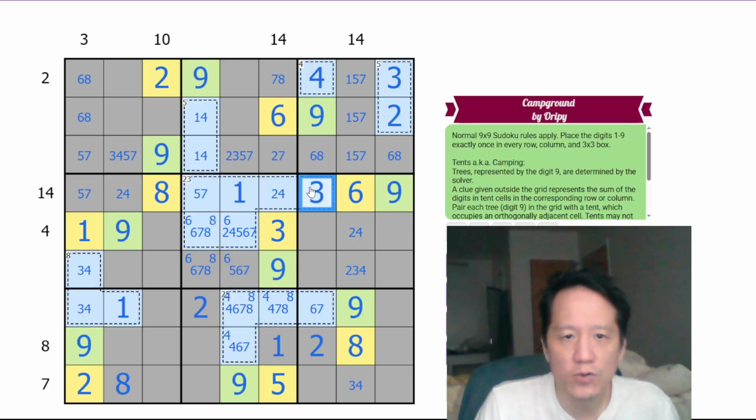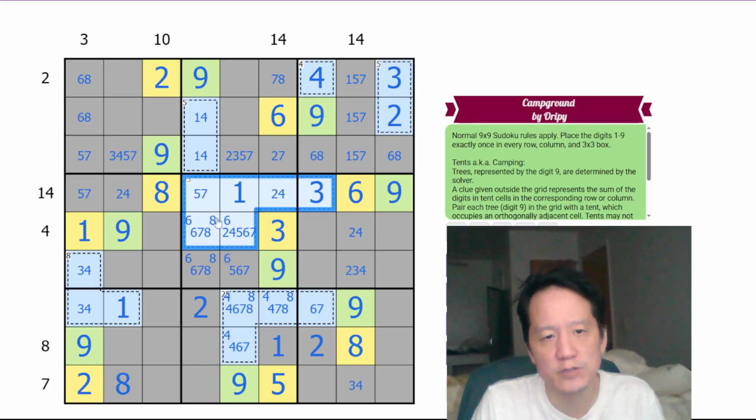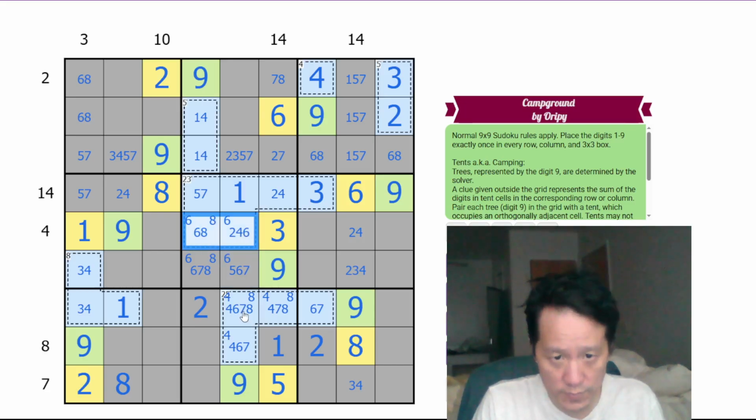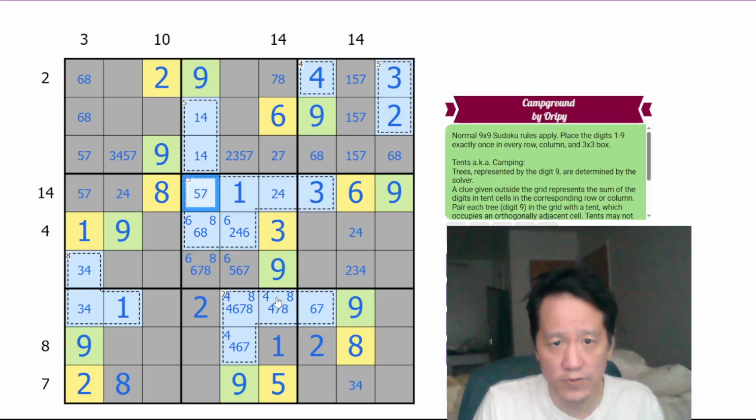We also know out of this 23 cage, adding up, it's either 1, 2, 3, 4, 5, 8, or 6, 7. So 5 and 7 cannot be in the rest of this cage because one of the 5 or 7s is here. And the other one cannot be the other 5 or 7. So this is 5 or 7.